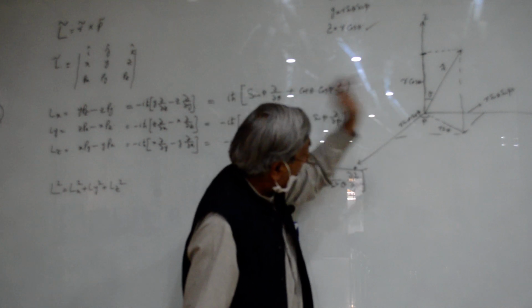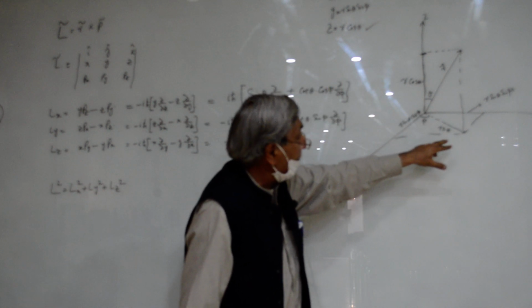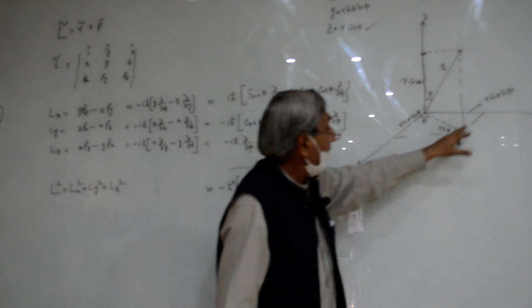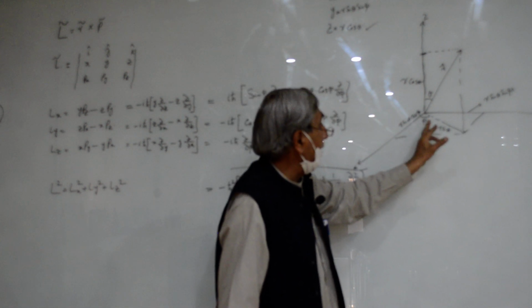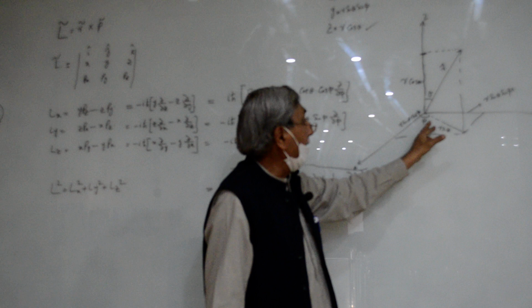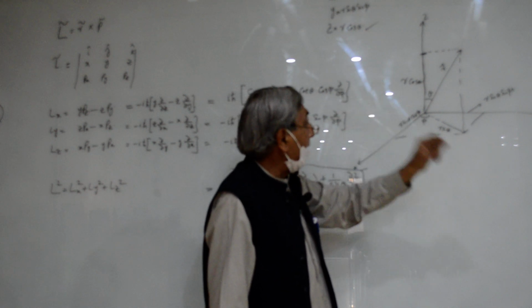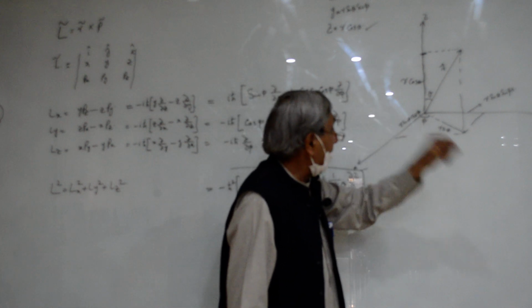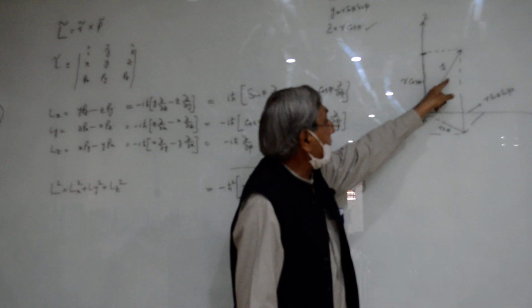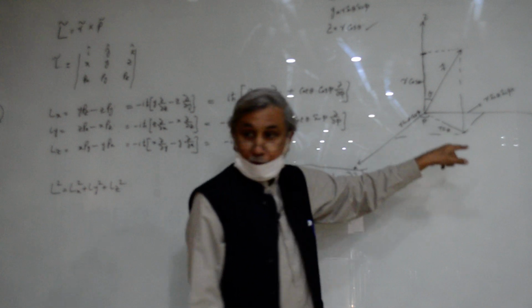Then you resolve this R sine theta into two components, one here and one here, because R sine theta is making an angle phi. Well, what is angle phi? It is the angle made with the x-axis by the projection of R in the xy plane.